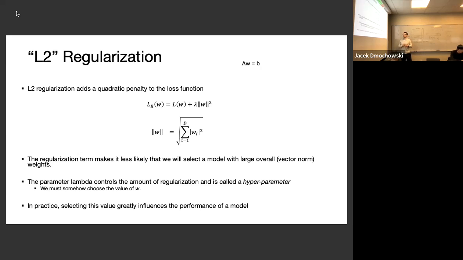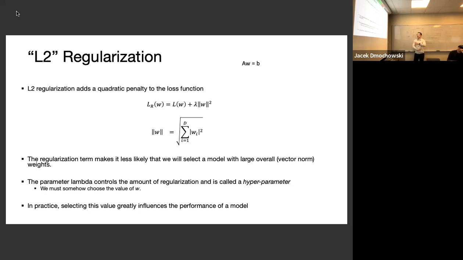So now, instead of just minimizing the loss, we're going to be minimizing L of W or L_R of W. By adding this penalty term, you're telling your model, yes, minimize the loss, so get as many of the data set points accurate, but also penalize really large W's.